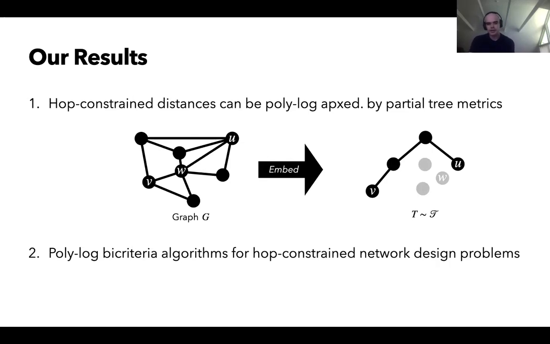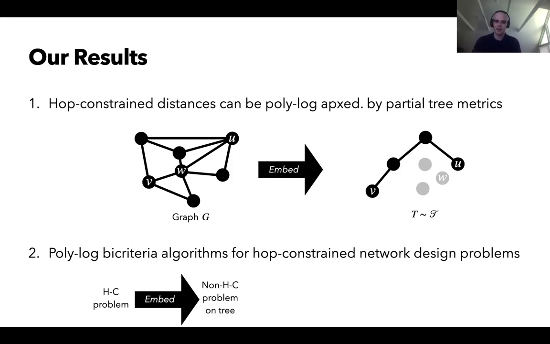Okay, now using this embedding, we're able to give the first polylog bicriteria approximation algorithms for the hop constraint version of a lot of classic network design problems. And the way we do that is we provide a new general template for solving hop constraint network design. How does this template work? Well, you start with your hop constraint problem. You apply this embedding fact, and that gives you a non-hop constraint problem on a tree.